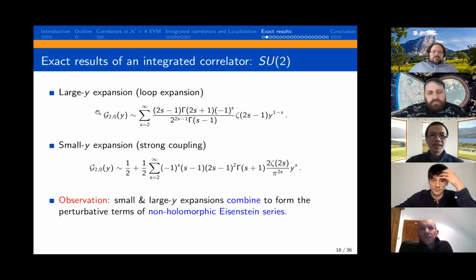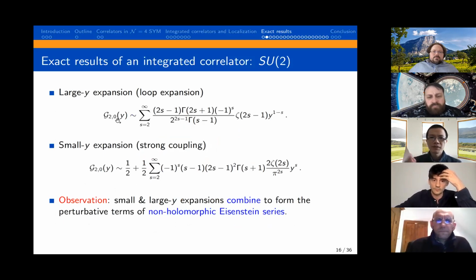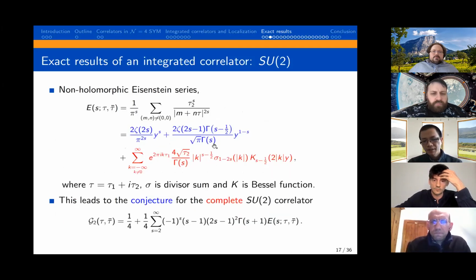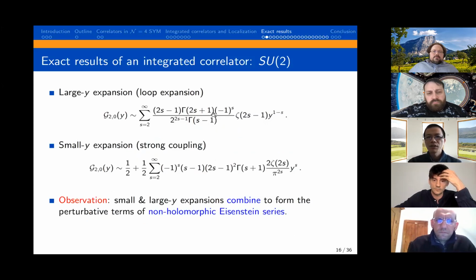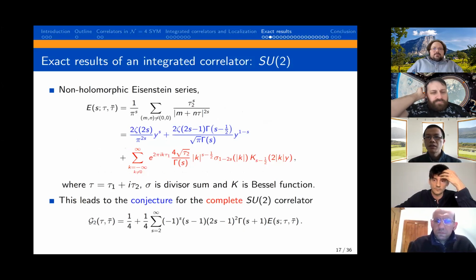So I was saying, for the 0 instanton, by localization, I found that the answer takes this form. Then I compare with the non-holomorphic Eisenstein series, just the perturbative part. I found these two coefficients are identical to these two coefficients. Yeah, but my question is, suppose you want to extract a small Y expansion of the Eisenstein series.